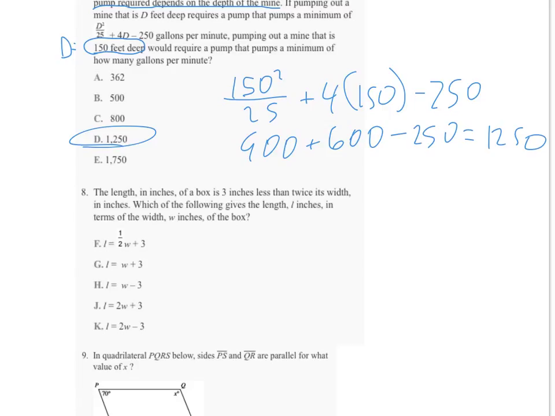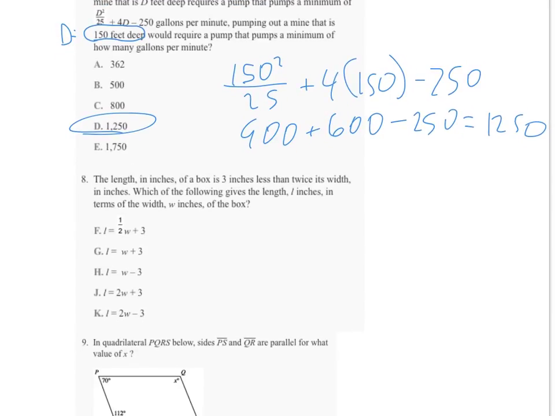Number 8. The length in inches of a box is 3 inches less than twice its width. That's a major algebra equation right there. The length of a box is 3 less than twice the width. We're going to need to interpret that. Which of the following gives the length in inches? So which one of those statements down there does that fit to? 3 inches less than twice the width. Less than means subtract.